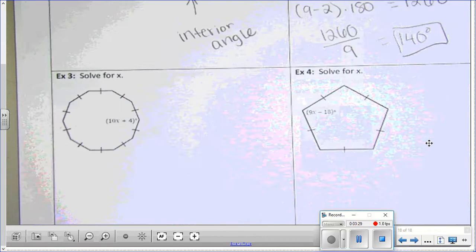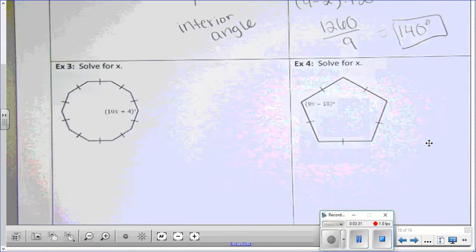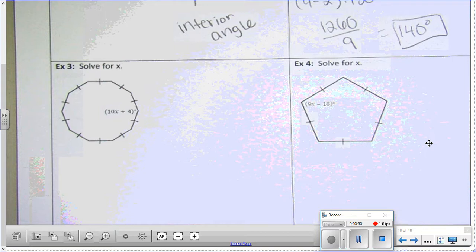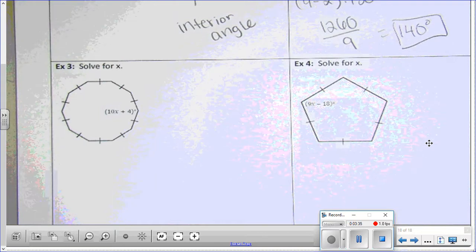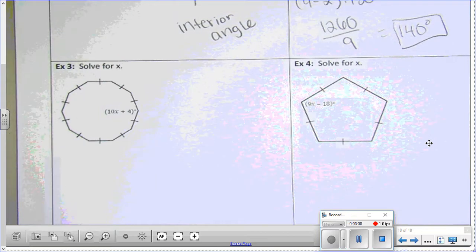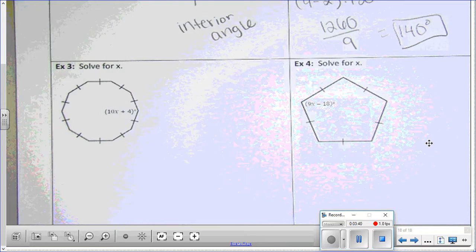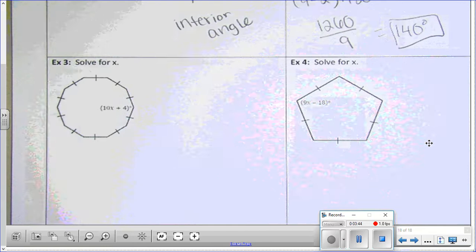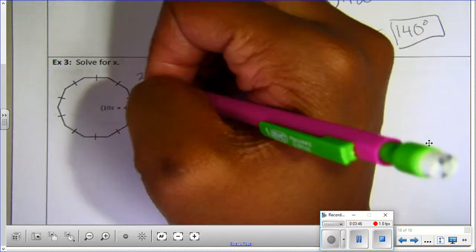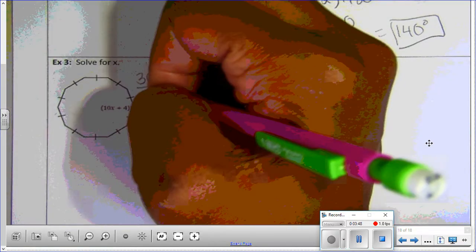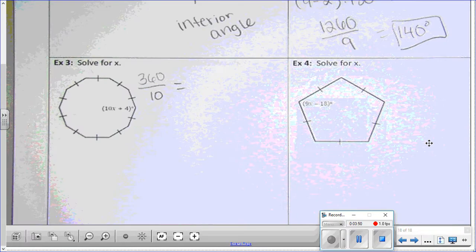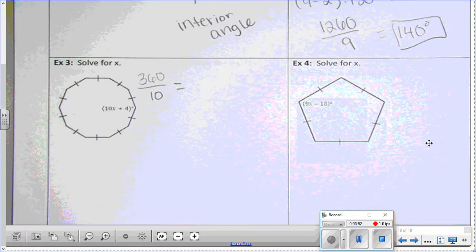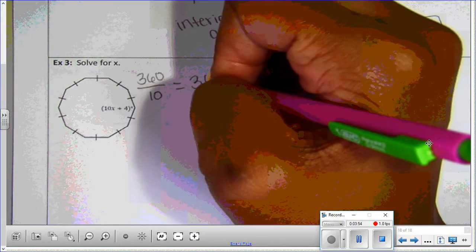Alright, example 3: if we want to solve for x, it's very similar to what we're doing here. We have to figure out what the angle should equal and then plug it in. How many sides does this figure have? It's 10, a 10-sided figure. So we can figure out one of the exterior angles: 360 divided by 10, which is 36.